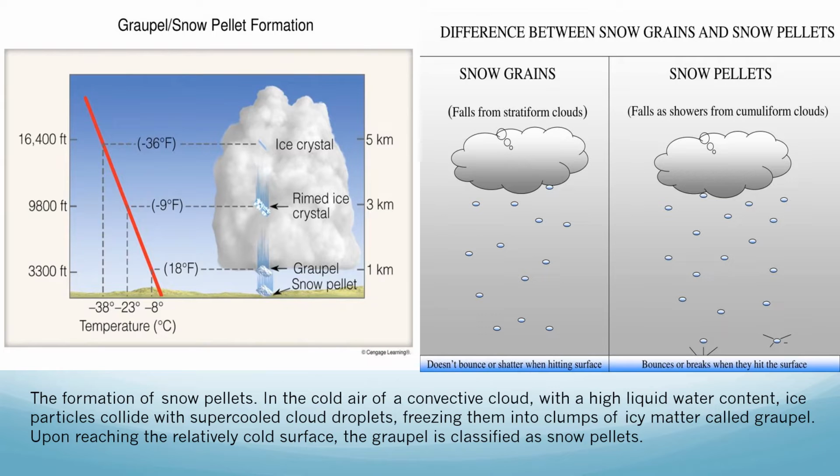When the ice particle accumulates a heavy coating of rime, we call it graupel. Since the freezing level is at a low elevation, the graupel reaches the surface as a light, rounded clump of snow-like ice called snow pellet.